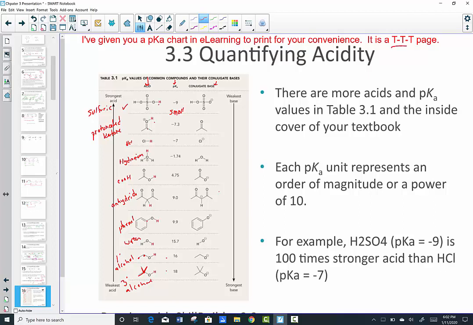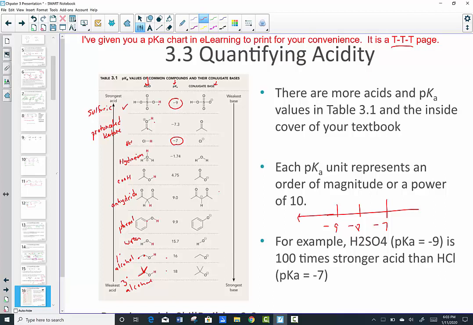Now let's emphasize, for example, notice sulfuric acid is -9 and HCl is -7. On a number line, here's -7, -8, -9. As you're getting smaller and smaller down the number line, sulfuric acid lies at -9 and HCl at -7. Well, the difference in a number line jump is only 2 units, but remember this is a logarithmic scale. That's the power of 10. So going from -7 to -8 is times 10.